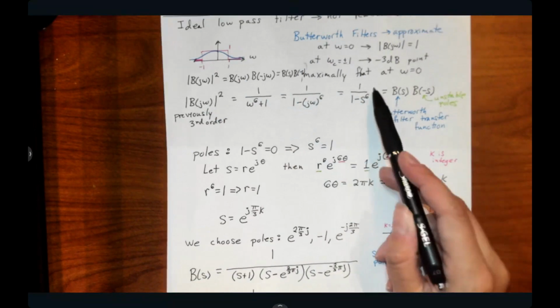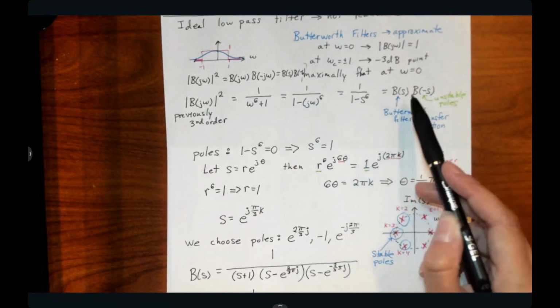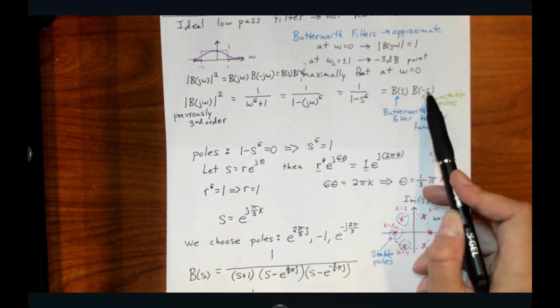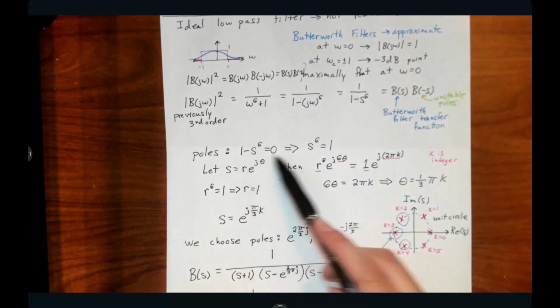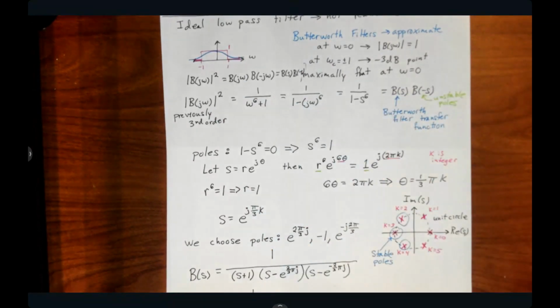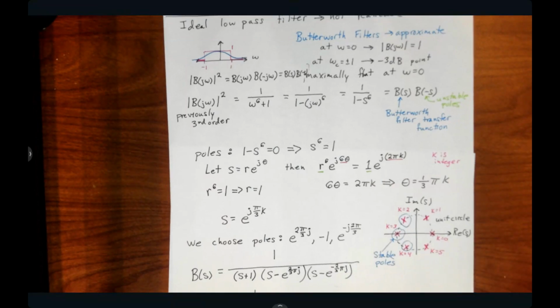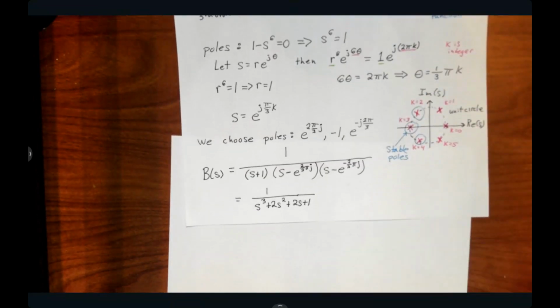And so we ended up with something like this, which captured both this B of S that we wanted and also had some residue that we used for computation. From here, we can solve for the poles of this transfer function. We realize that some of those are stable, some are unstable. And so we throw out all these unstable poles, keep the three that give us the form that we're actually interested in. That gives us this third order transfer function that we originally wanted.